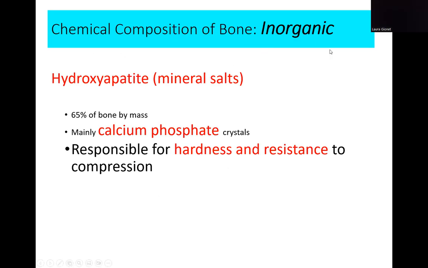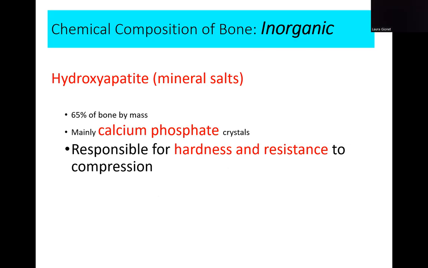Then we have the inorganic portions. So remember, organic is that it has to have carbon and hydrogen. Inorganic means it might just have one, the other, oxygen or whatever. We have hydroxyapatite, which is essentially our mineral salts. Now, they are composed of calcium phosphate crystals.